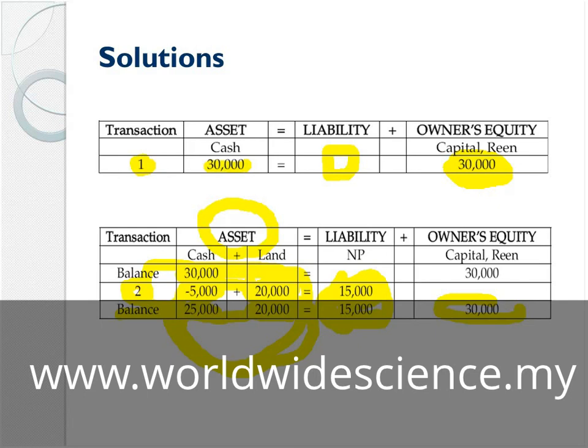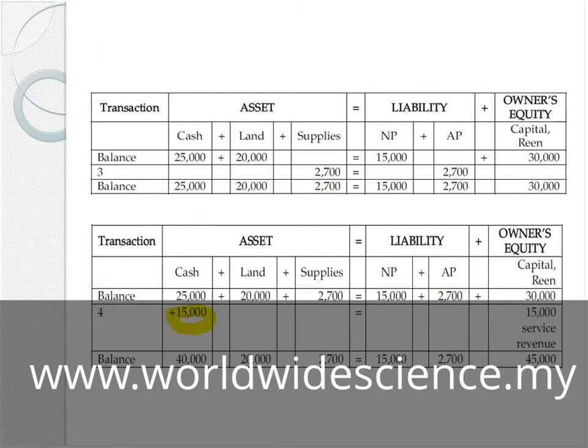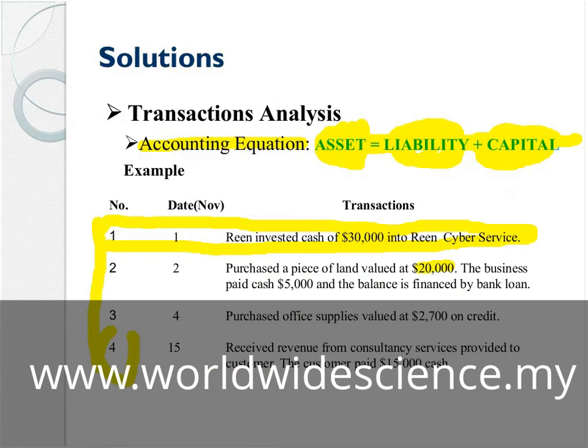So you remember we have a balance of 25,000 in cash plus 20,000 land. And here, on the owner's equity, we have 30,000 plus 15,000, which is loaned by the bank. And transaction number 3 shows the purchase of office supplies worth 2,700 on credit.